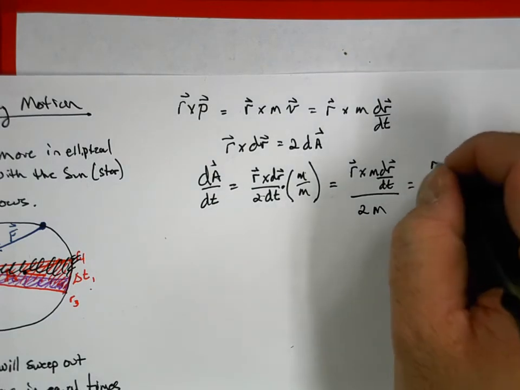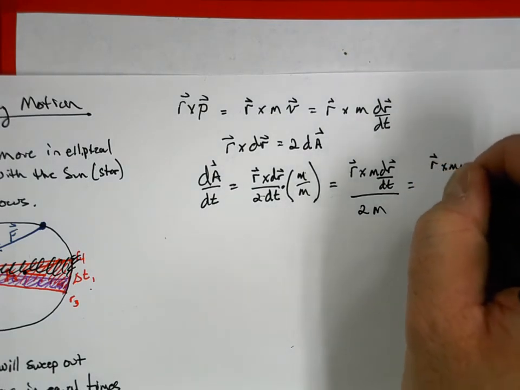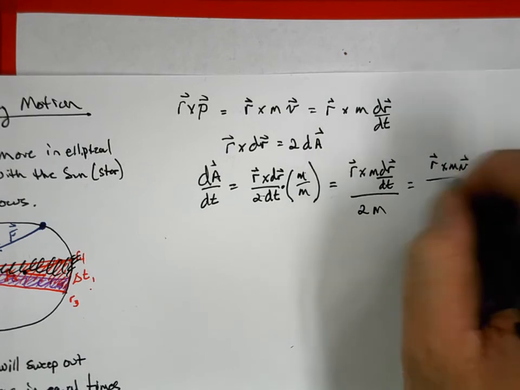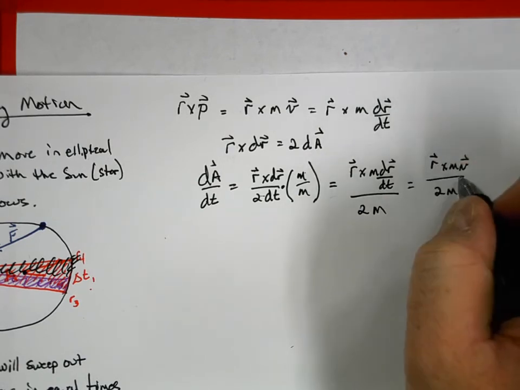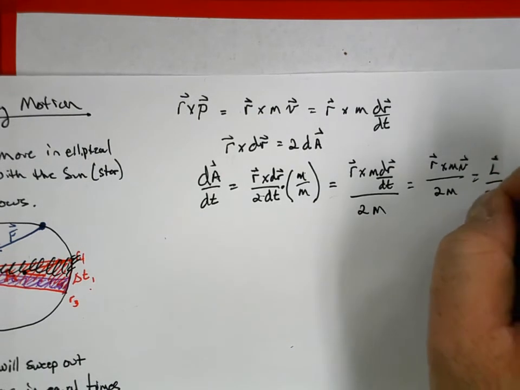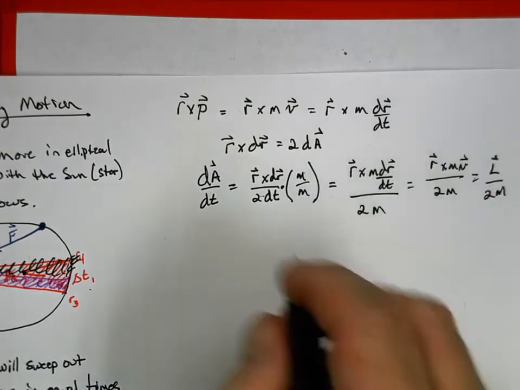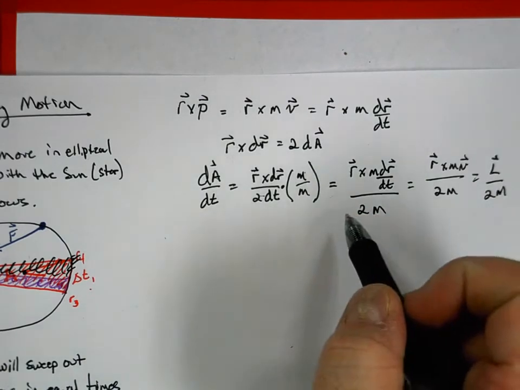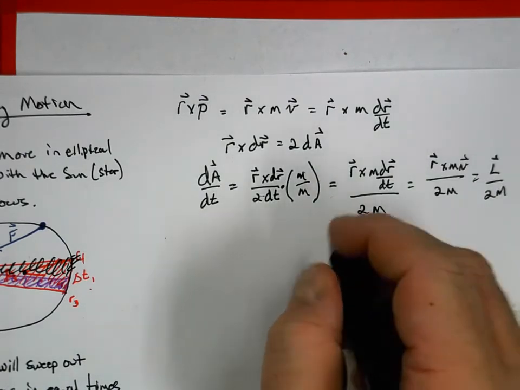This becomes R times mv over 2m. And what's R times mv? This is equal to our angular momentum over 2m. And because there's no torque, L is constant.